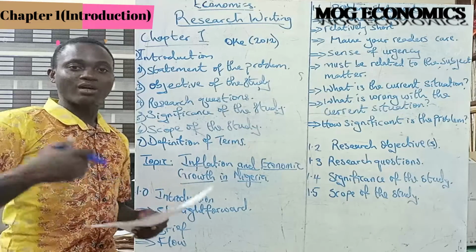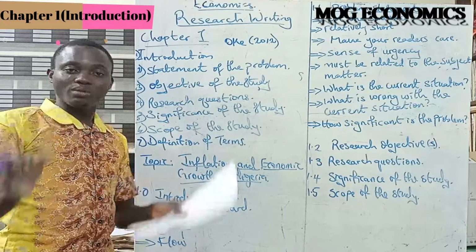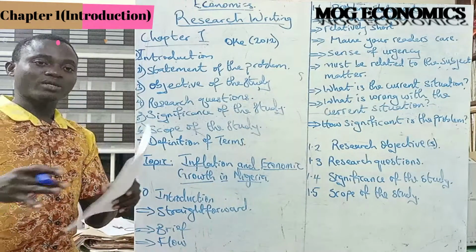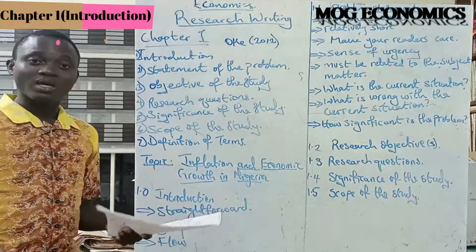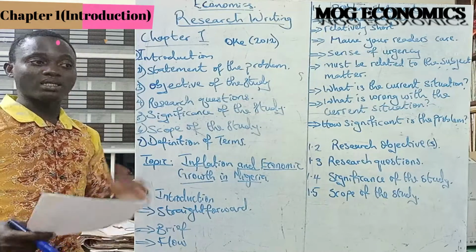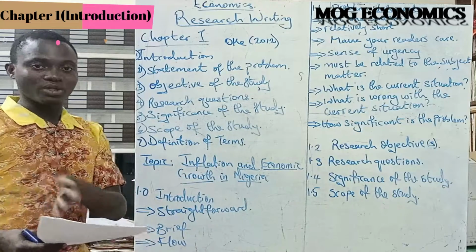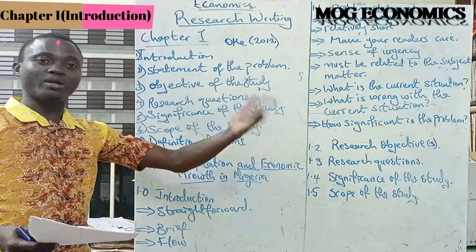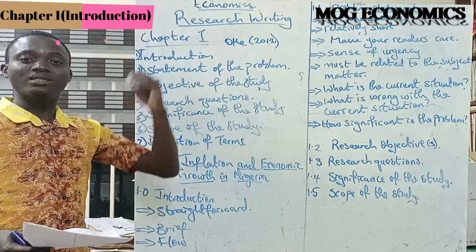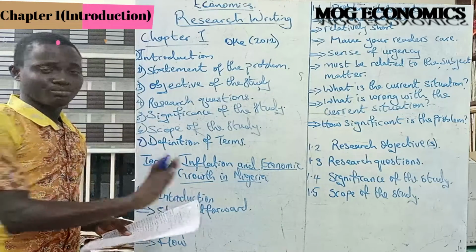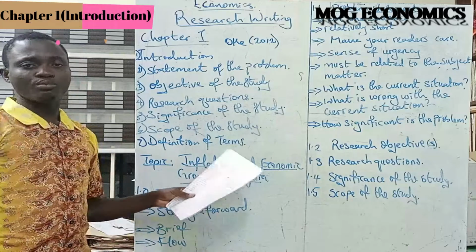From there, I also moved into the problem: inflation is affecting Nigeria's economic growth. So far, Nigeria as a country has tried to do some things about our inflationary problems, and that was when I mentioned policies. And from there, I moved to another paragraph to say that Nigerian governments, in spite of those policies, have not been able to succeed. You understand? So they flow like that, and they're done.